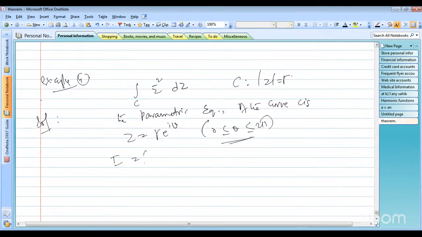And I is equal to the integration over C of z square dz, the integration from 0 to 2 pi of gamma times e power i theta whole square, times gamma times i e power i theta d theta.